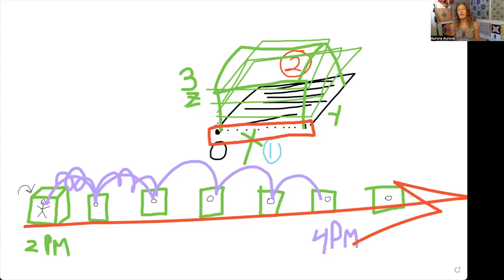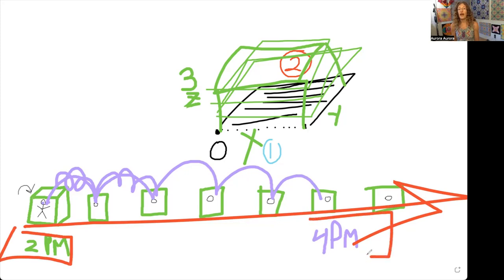A one-dimensional line requires one piece of information in order to describe the position of a number on that line. And a fourth dimensional timeline requires one piece of information to describe and determine what is the position of where you are on your timeline. One piece of information, are you here at 2 p.m.? One piece of information, are you here at 4 p.m.? One piece of information.